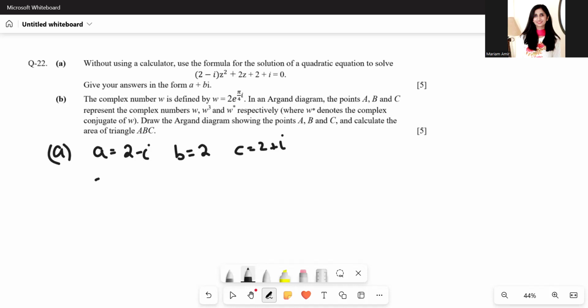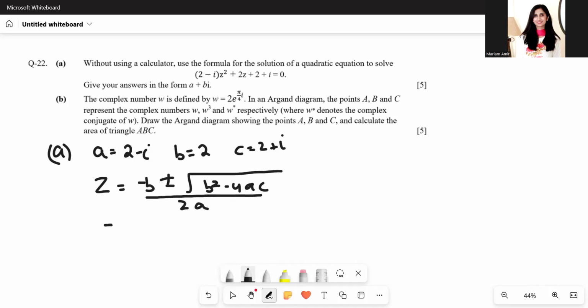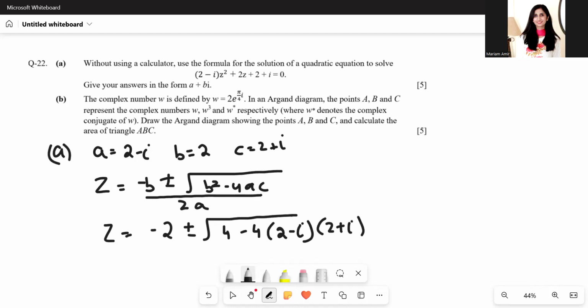Apply it in the quadratic formula, which would be minus B plus minus square root of B squared minus 4AC upon 2A. So z equals minus 2 plus minus square root of B squared minus 4AC, divided by 2A.